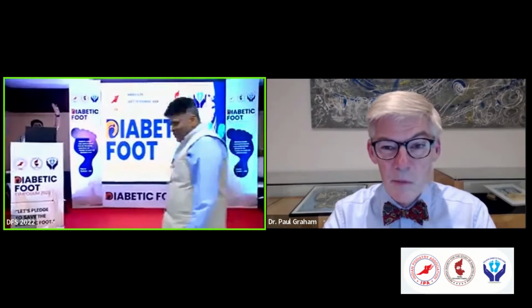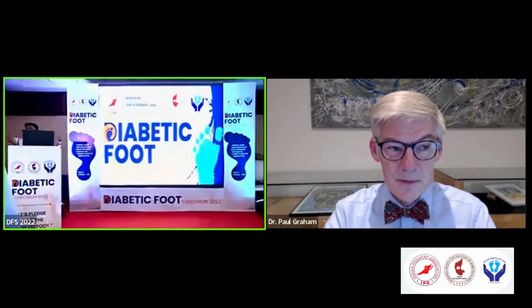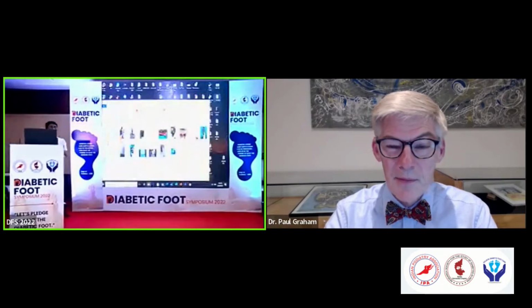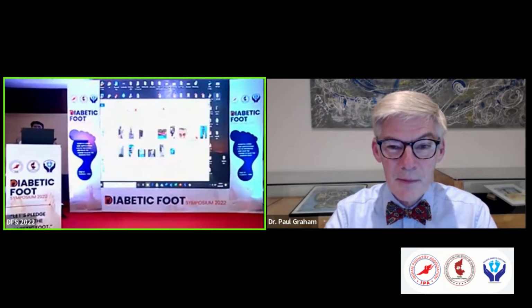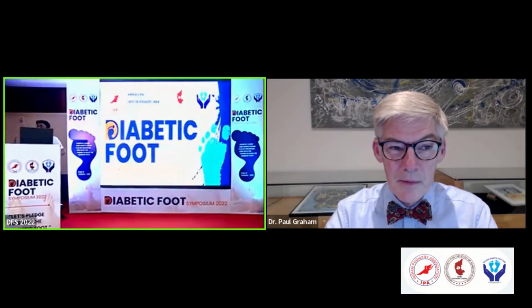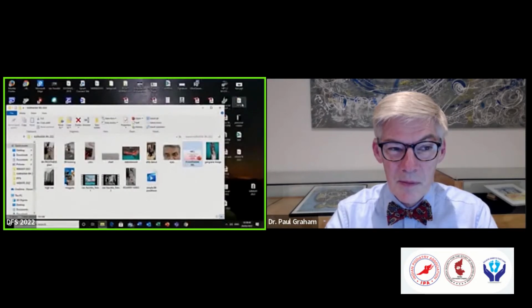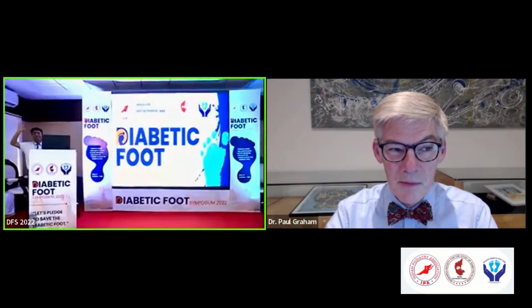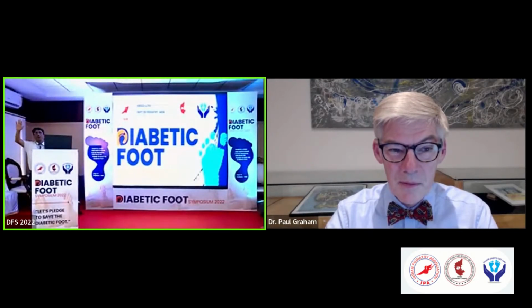So how many of you really know, you can connect him. Okay. Put him online. So how many of you really know how to read a plantar pressure scan, apart from saying that this red is high pressure, this green is low pressure, and this yellow is medium pressure? Apart from this, and there is a gait line and there is a pressure line. Apart from these 5 things, how many of you know how to read a plantar pressure scan?